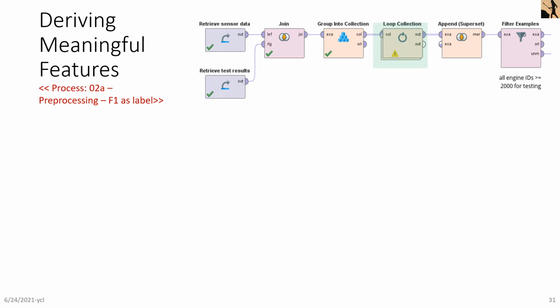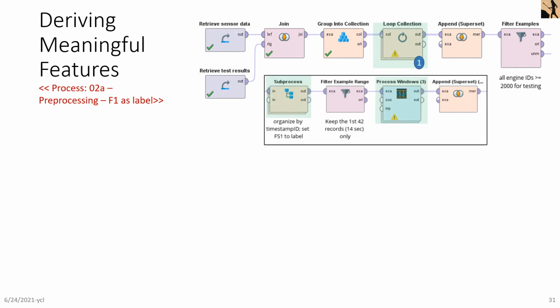As you can see, again, we join together the test data and the sensor data, then we group into a collection, and inside the loop collection, we deal with each engine one at a time, right? At the end, each engine will have a record describing its profile, and we append them all together, filter out the necessary ones, and go to build the model, right?